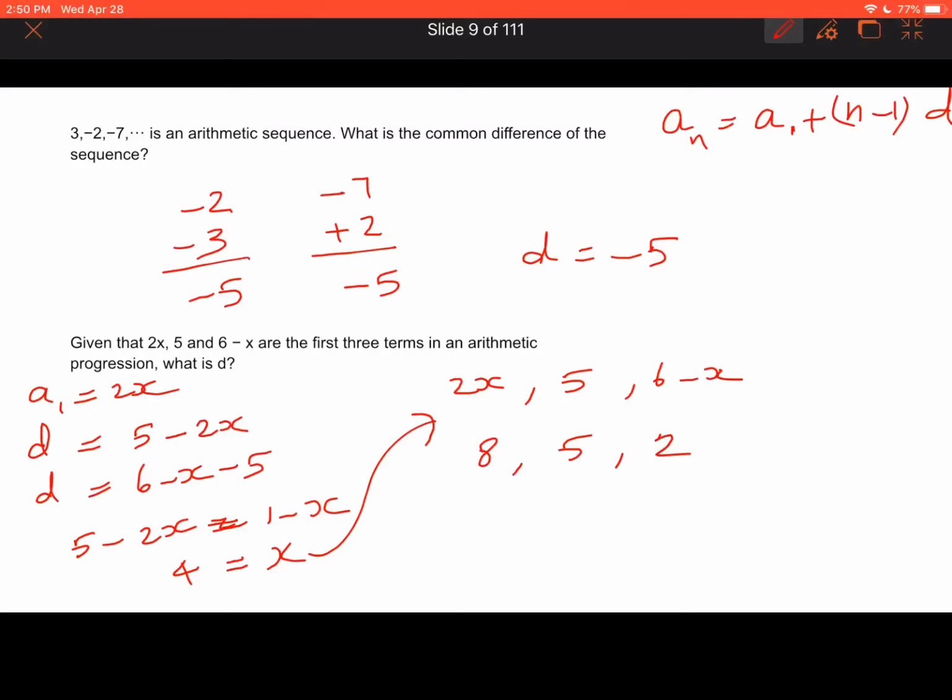Now we have the sequence, so we have to find the difference. 8 minus 5 is 3 and 5 minus 2 is 3, so we have found the difference of this particular sequence, 2x, 5 and 6 minus x. Okay, hope you have understood this. If you couldn't, please just pause it and go back, and then you'll be able to follow it.